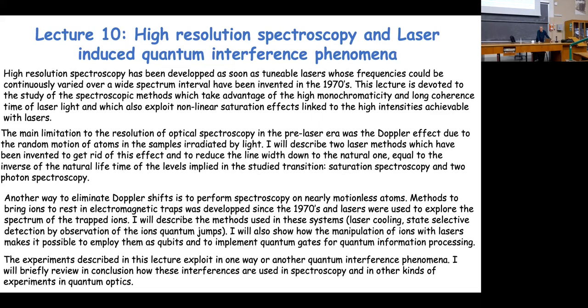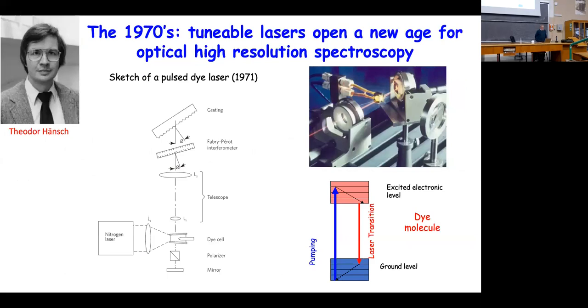We'll see that in these manipulations, usually we make use of the fact that you can put the system in a superposition of states and take advantage of quantum interferences, and I will give you a few examples to conclude the lecture. So let's start with high resolution spectroscopy, and of course for that you need tunable lasers.